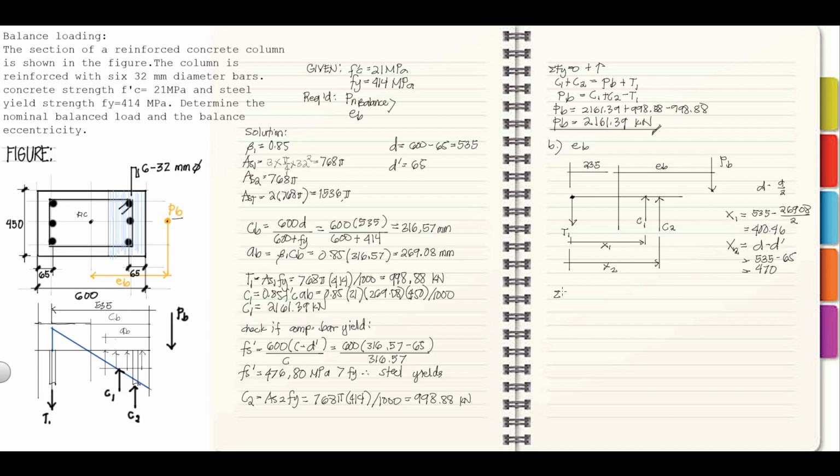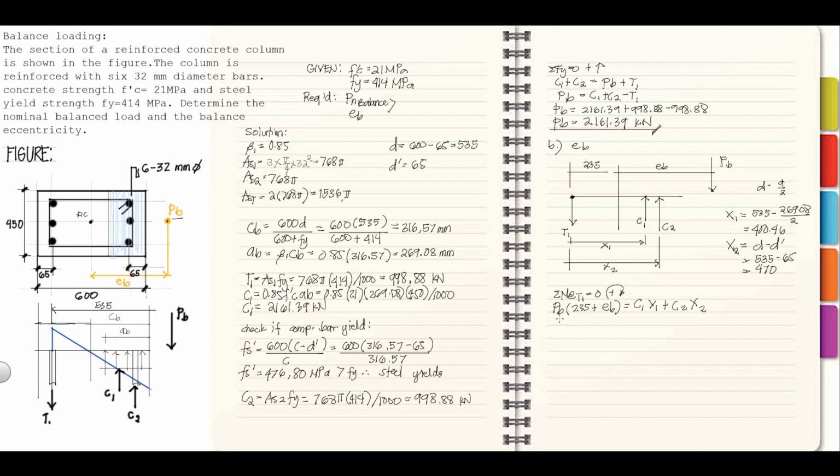Summation moment lang tayo, class, sa T1. It's equal to 0, positive clockwise. So we get PB first. PB, multiply the moment arm, 235 plus EB, is equal to the opposite, yung C1, X1 plus C2, X2.